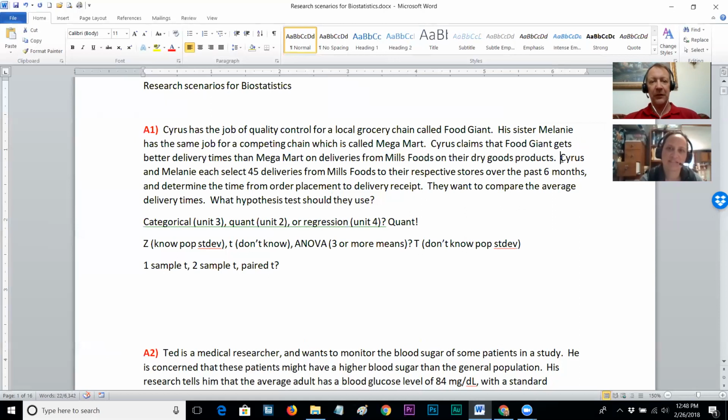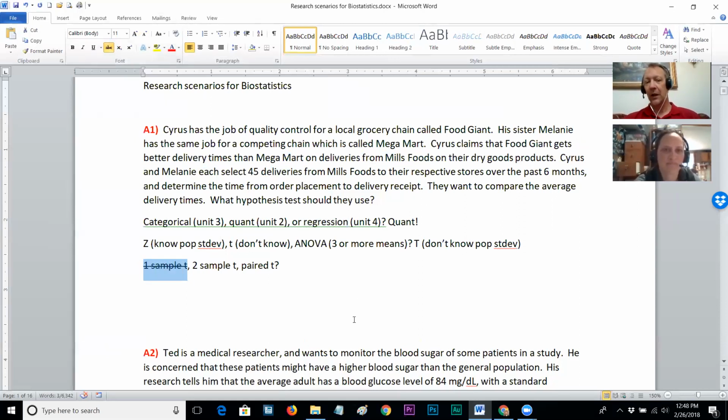Cyrus and Melanie each select 45 deliveries. Are they collecting them from 2 different places? Cyrus has 45 and Melanie has 45. They work at different places, so we can throw out the 1 sample T. It's definitely not a 1 sample T, right?